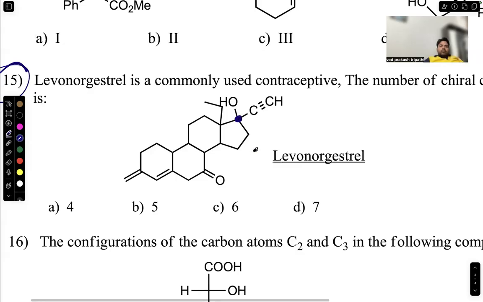One, two, three, 4, 5, 6. Makes sense? You guys are quite good in chiral centers.